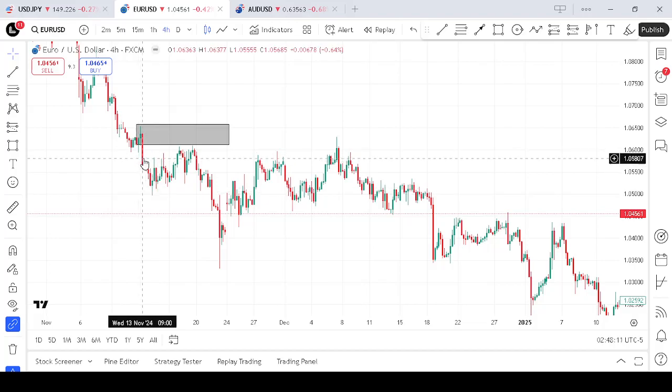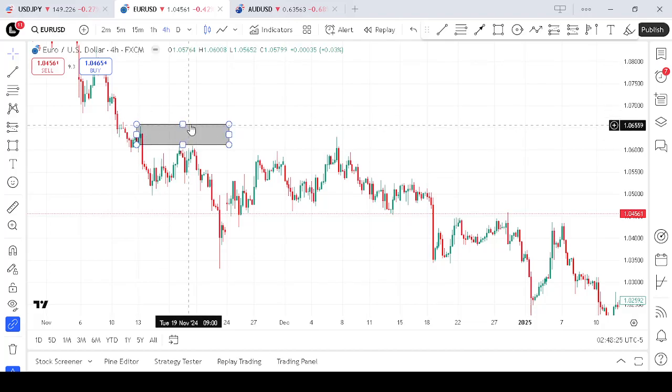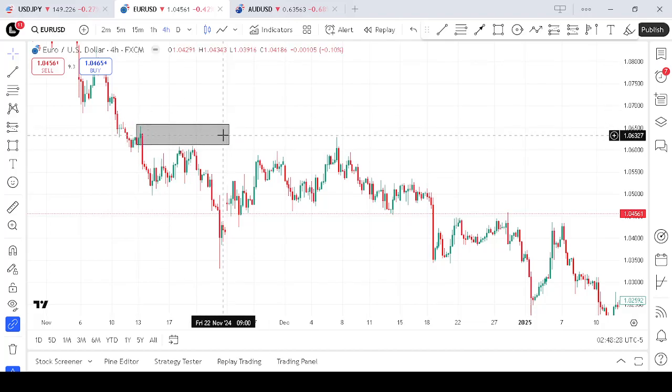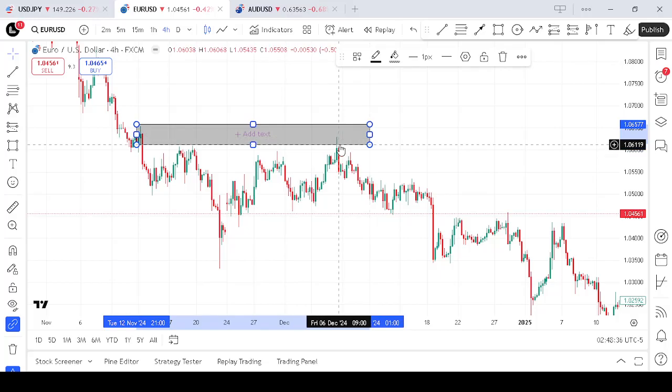The second characteristic is there will be an imbalance in the zone. As you can see, price left an imbalance in this area. The third characteristic is the potential for a high reaction when price revisits this area. As you can see, when price revisited this area, there was a strong reaction.